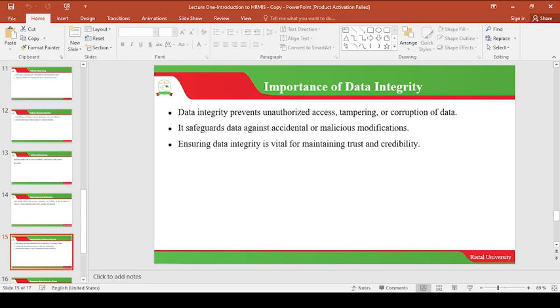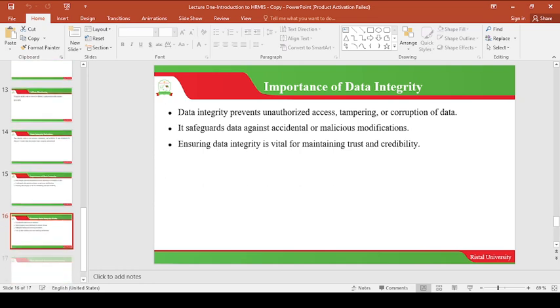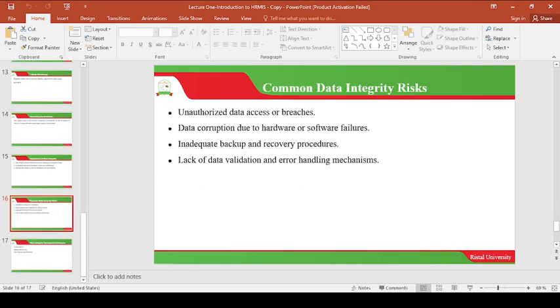The human resource department will not be looked at as a credible department because the data it has has no value, or it has been tampered with. So basically, these are some of the importance of data integrity as far as human resource management is concerned.